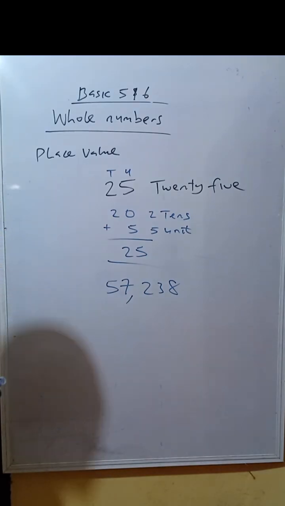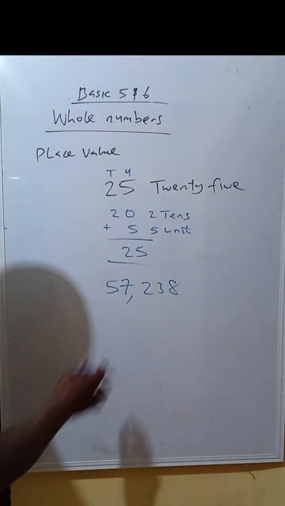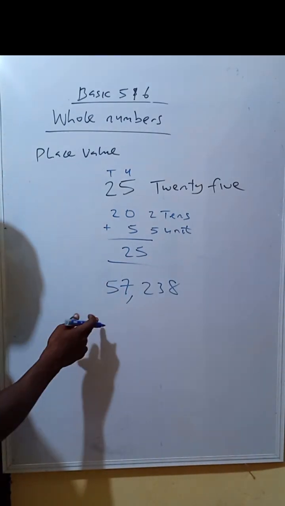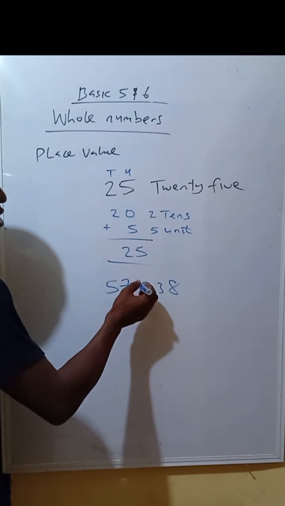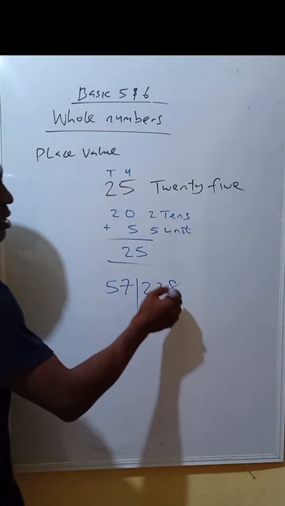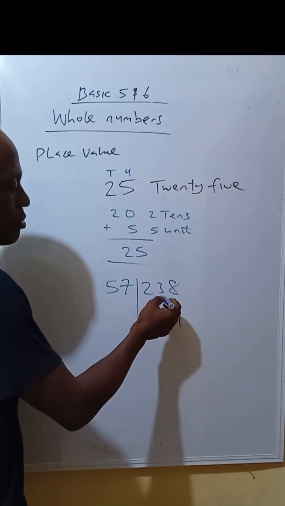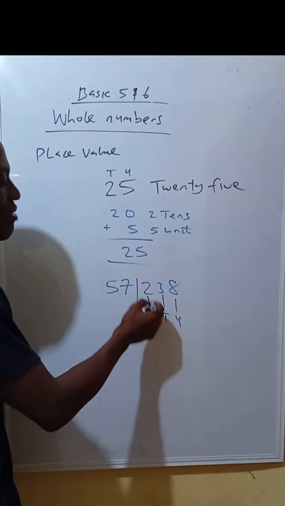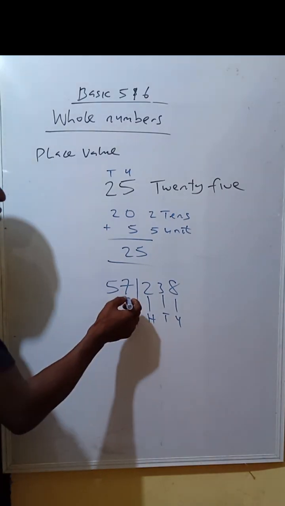So if we are to write the place value of each of these digits, let me remove this comma. We'll have units, tens, then after tens you have hundreds. Then you have thousand.